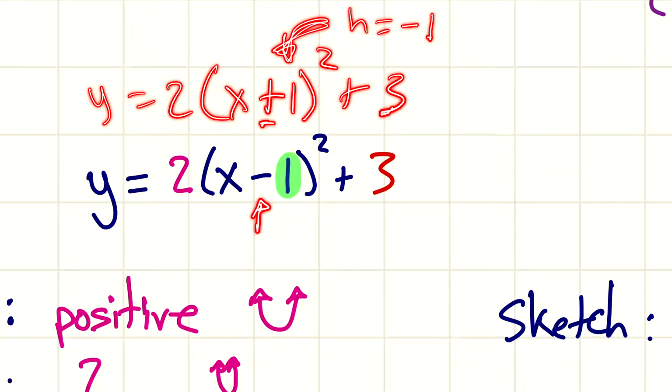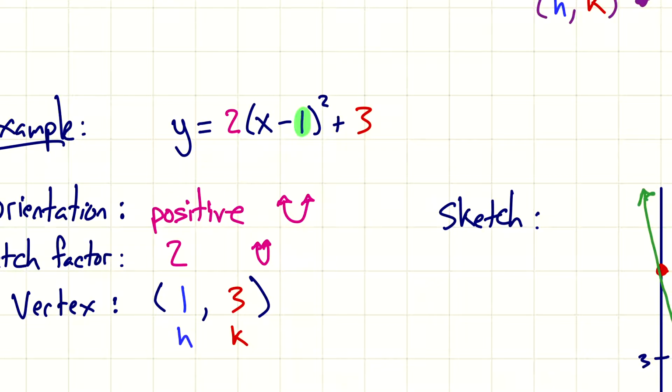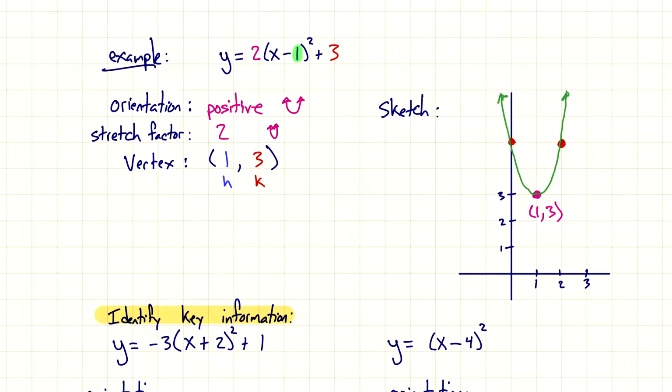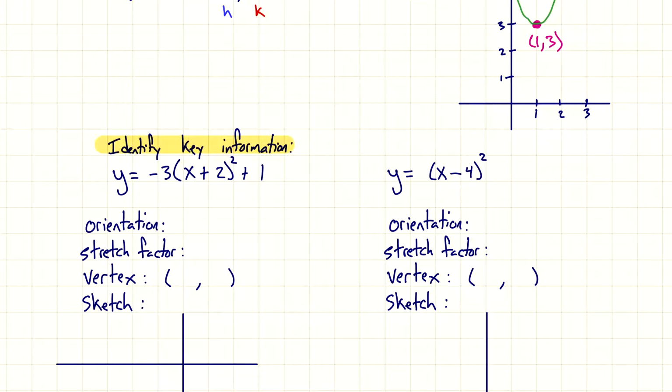All right, so an easy way that most people remember this is whatever you see here, your h value is always the opposite. So if you see a -1, your h value is +1. If you happen to see a +1, then that means h would be -1. So keep that in mind. I think I have some examples of that coming up, so we'll see that in the next problem. Maybe it'll make more sense the more we do.